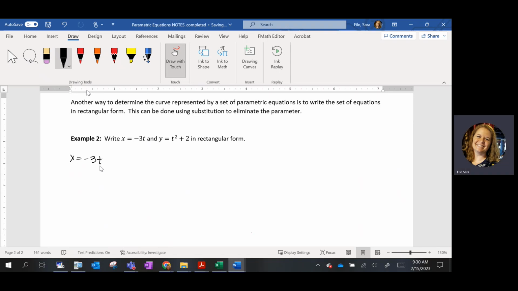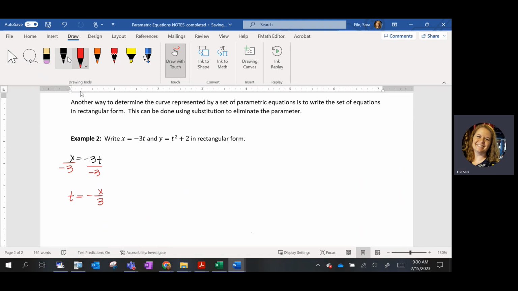Okay, so if I want to solve for t, what am I going to do? Divide out the coefficient, -3, good. So I end up with t equals -x/3. Everybody okay with that? Or you could write it as -1/3 x. That would be the same thing.